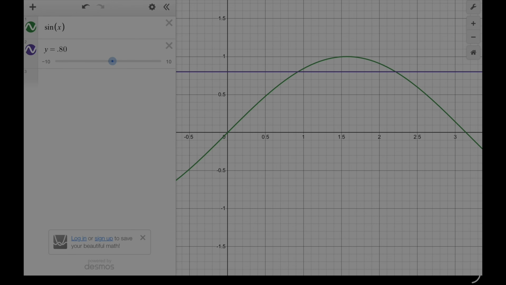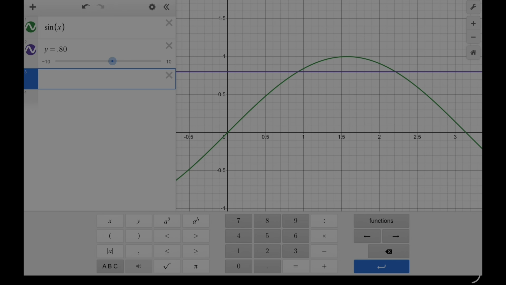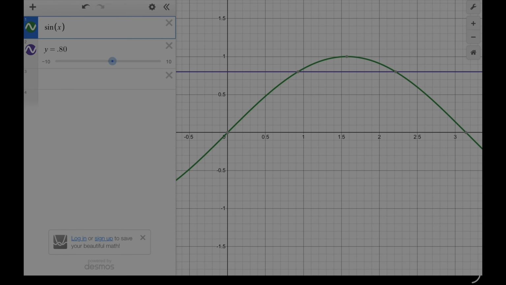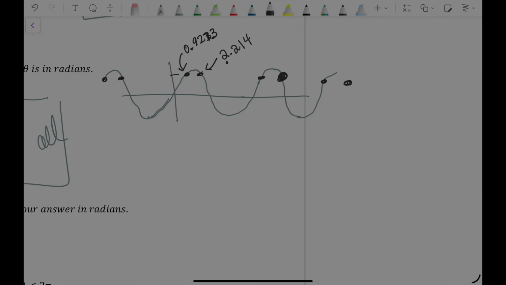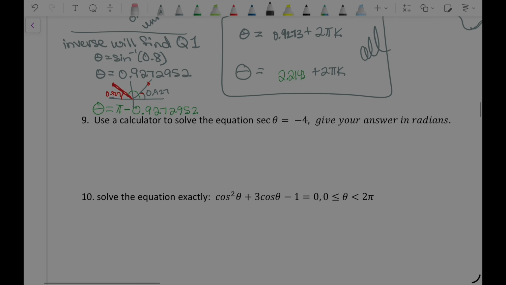So if you have that graphed, where's their intersection? 0.9273 and 2.2143. Those are your two. And then they repeat every period. A couple different ways you can use your calculator.